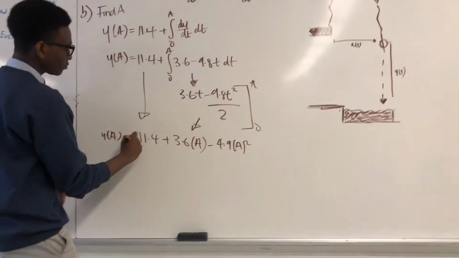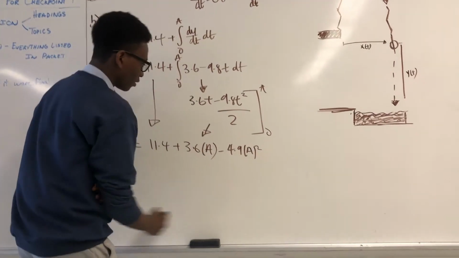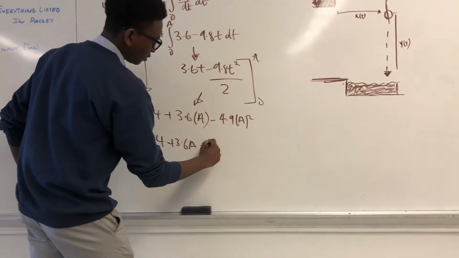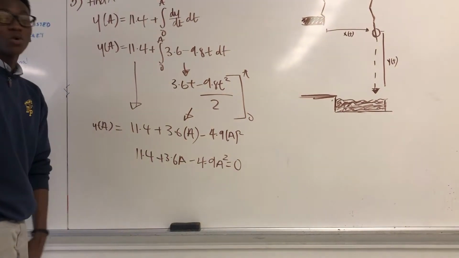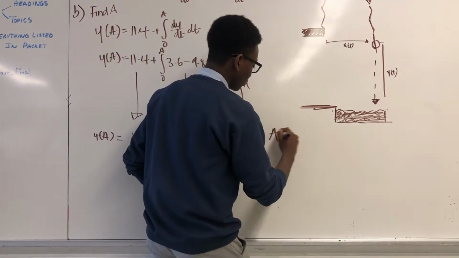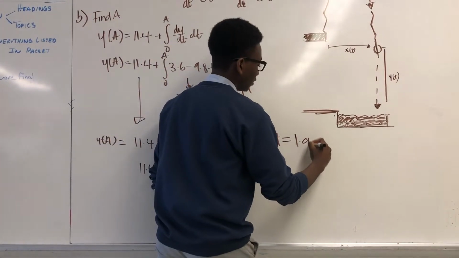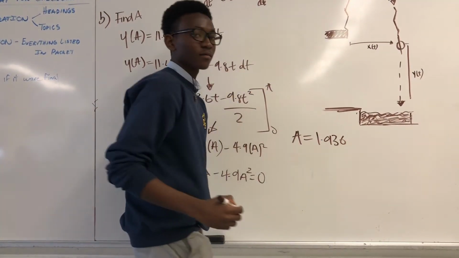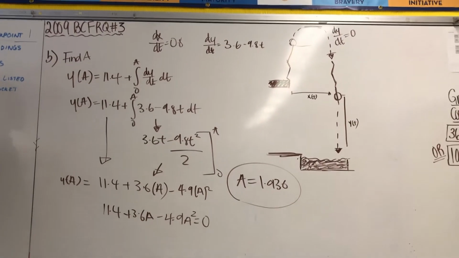Now that you have a variable a inside this equation, it starts to look like a quadratic function. So you set this equal to 0 and try to find a. You can plug this into your calculator to find the roots of this quadratic, or parabola. Once you do that, you get a equal to 1.936 seconds, and that is your final answer.